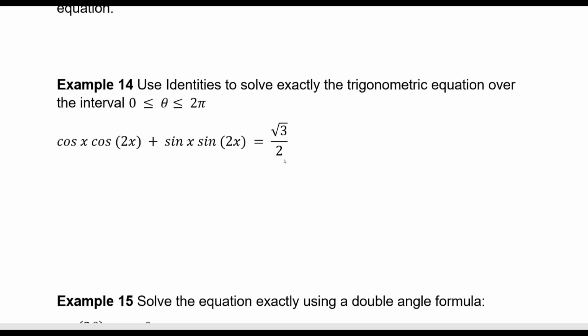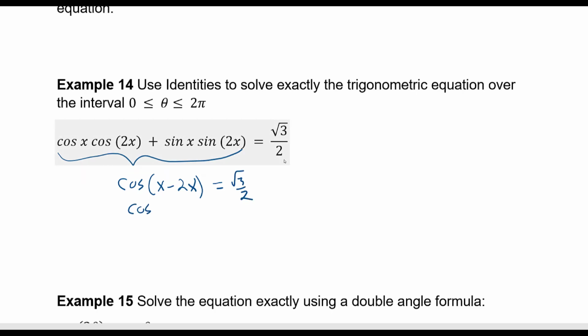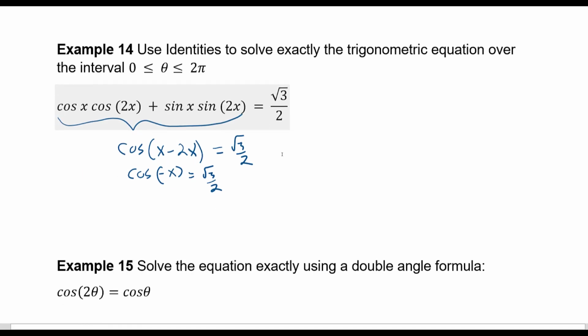So this can be condensed into cosine of the first angle minus the second angle is the square root of 3 over 2. So cosine of negative x is the square root of 3 over 2. And since cosine is an even function, that means cosine of x is the square root of 3 over 2.